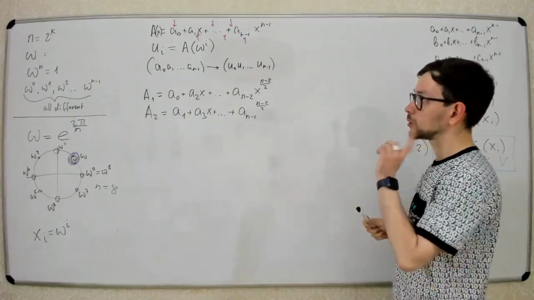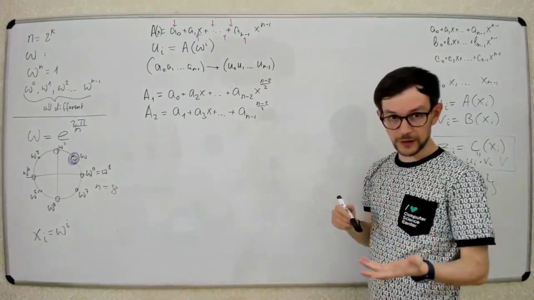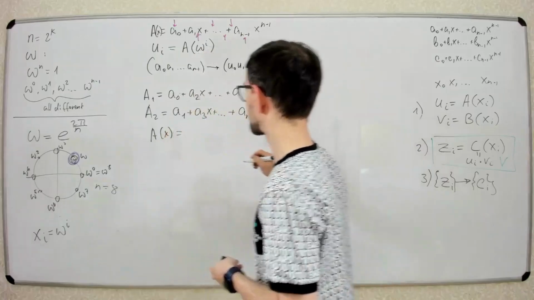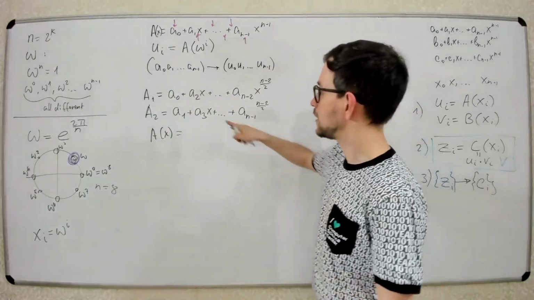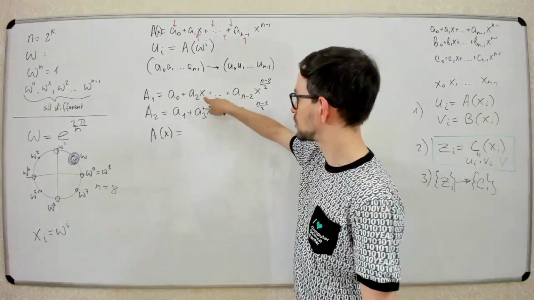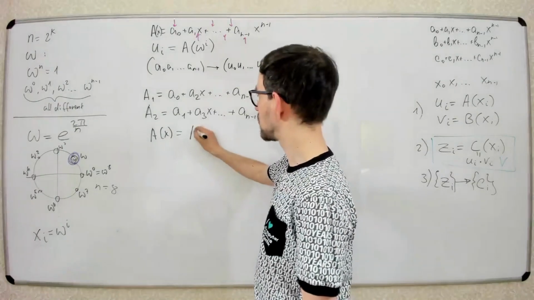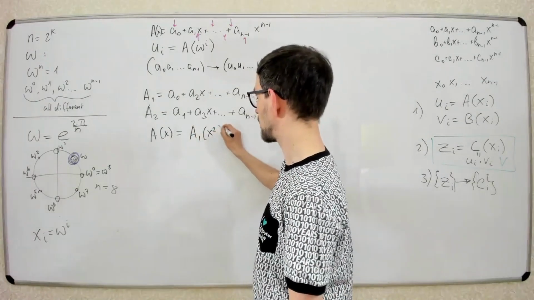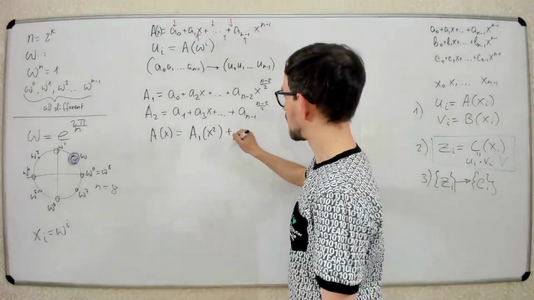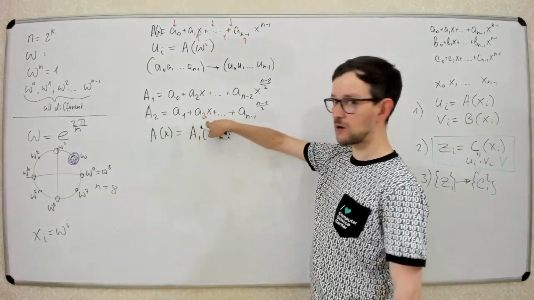Now, what can we say about the value of polynomial a? I need to calculate the value of polynomial a1, but instead of putting x, I need to put x squared in these positions. So it will be the value of polynomial a1 in point x squared, plus, here I want to put x power 3 and so on.